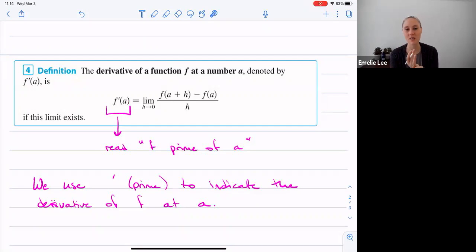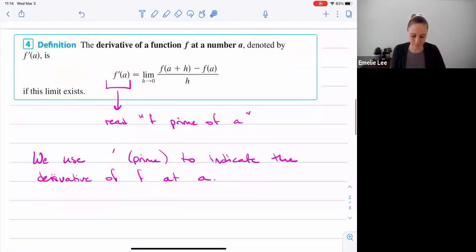But we already talked about the definition of the derivative, right? The derivative is the slope of the tangent line, which you could also think about as the instantaneous rate of change, right? And so we already have those definitions. So it makes sense that, well, if they all mean the same thing, the derivative is the slope of the tangent line, is the instantaneous rate of change, then they should all have the same limit definition. So it just depends on the problem, what you're trying to solve for, right?